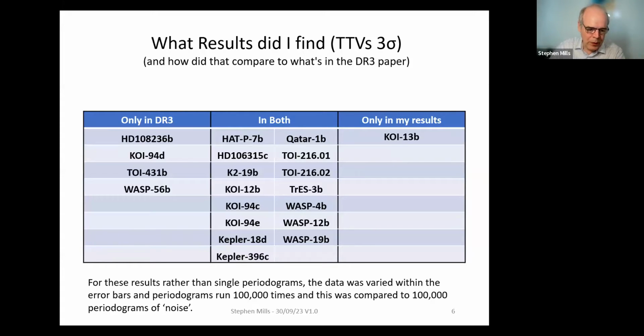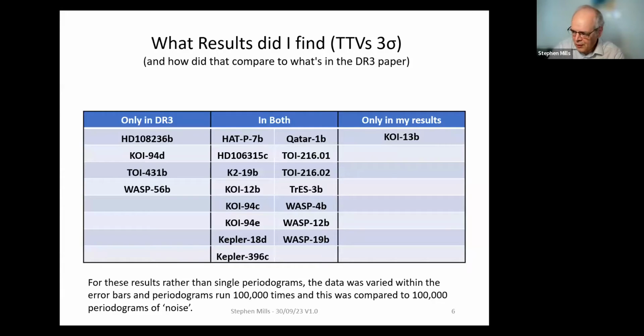But what I came up with, all these planets here had periodicities detected using GLS. The box in the middle is ones where both myself and the Data Release 3 paper from Exoclock found periodicities. The ones on the left were in the Data Release 3 paper, but I didn't find them.